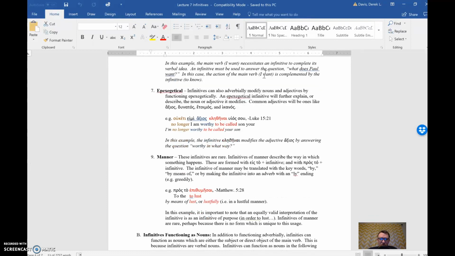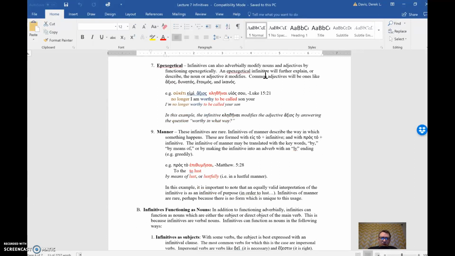The epexegetical infinitive is the one that I often use when I say you can't really figure out what other category it goes into. And oftentimes it's just going to give you an extra explanation of a noun or an adjective that it's accompanying.